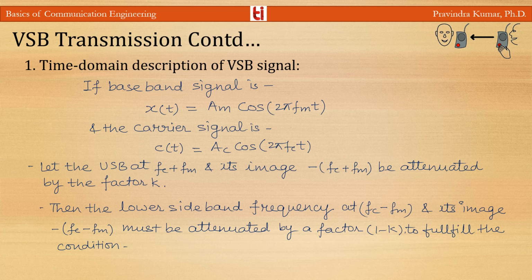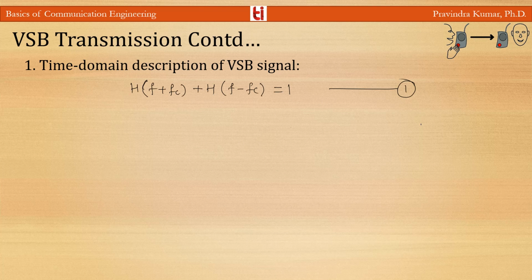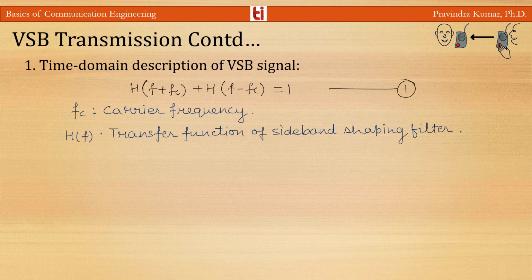Then the lower sideband frequency at fc minus fm and its image must be attenuated by a factor of 1 minus k to fulfill the condition for VSB. And the condition is H(f plus fc) plus H(f minus fc) is equal to 1, where fc is the carrier frequency and H(f) is the transfer function of the sideband shaping filter.